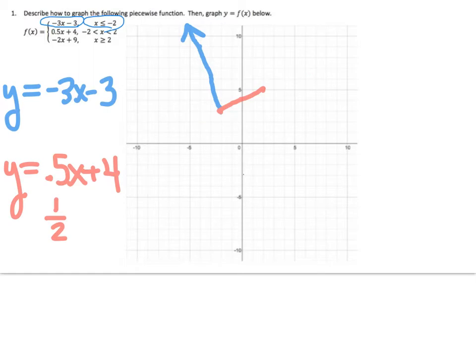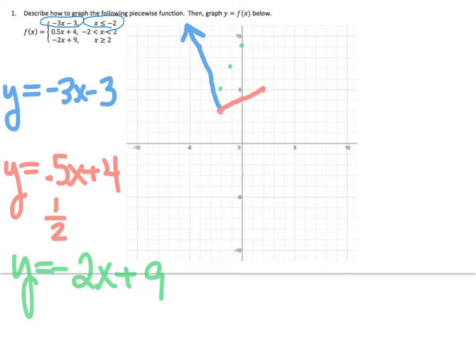Let's use green for the last one. y equals negative 2x plus 9. I cross the y-axis at 9. And I'm going to go negative 2, negative 1. That's not right.